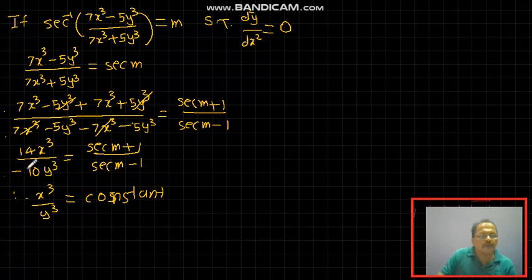This term multiplied by minus 10 divided by 14, whatever we get is a constant, and therefore x upon y bracket cube is constant.